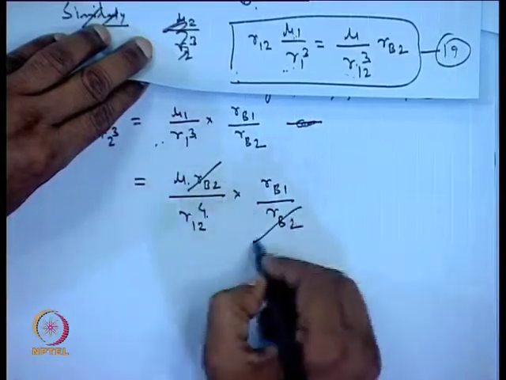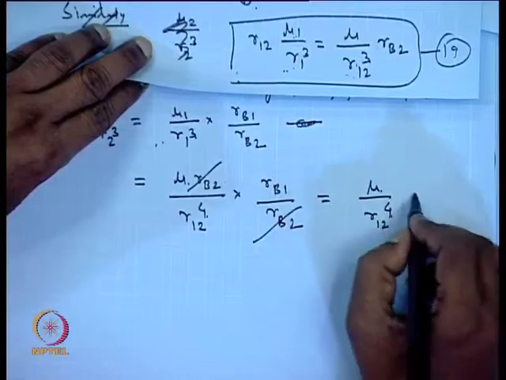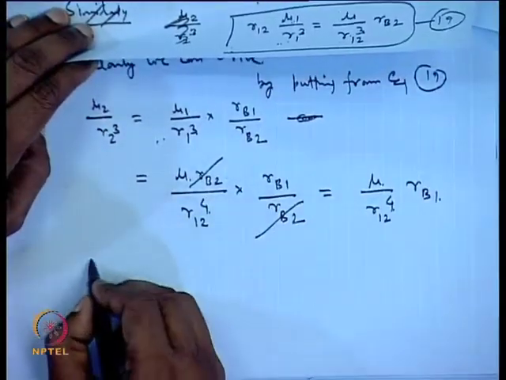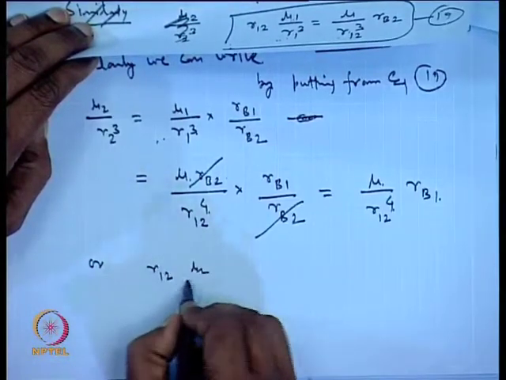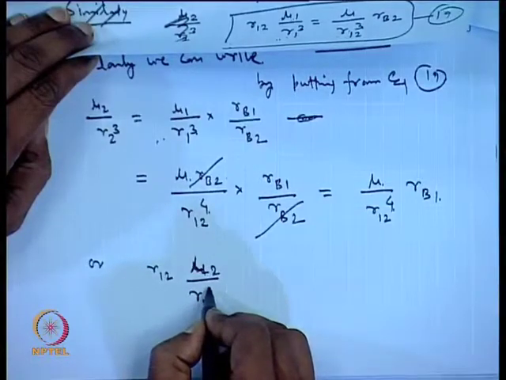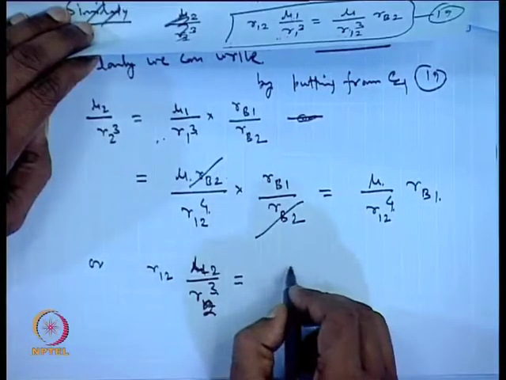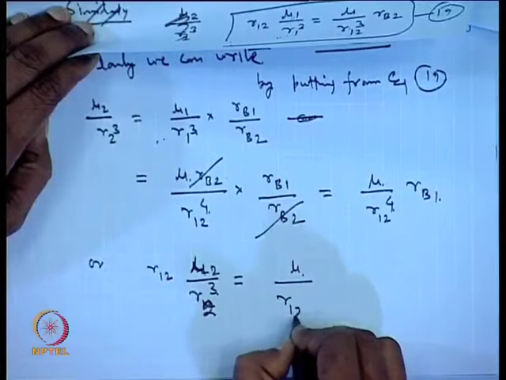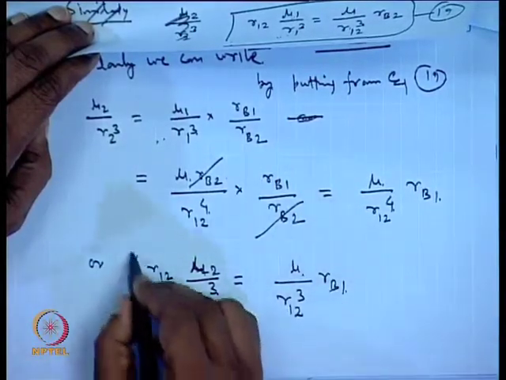So, this cancels out and what we get is r 1 2 times mu 2 by r 2 whole cube, which is equal to mu by r 1 2 whole cube times r b 1.